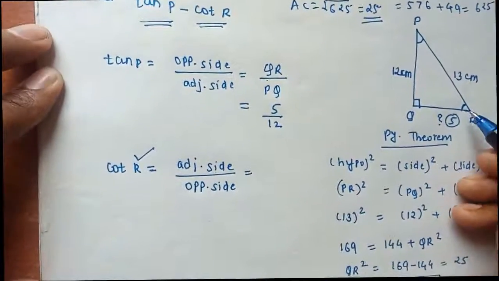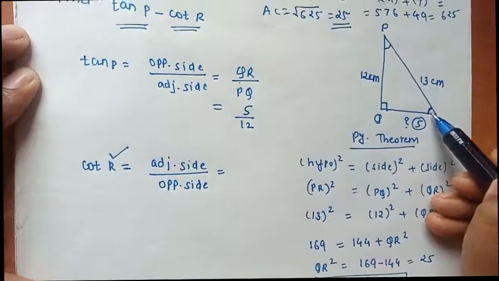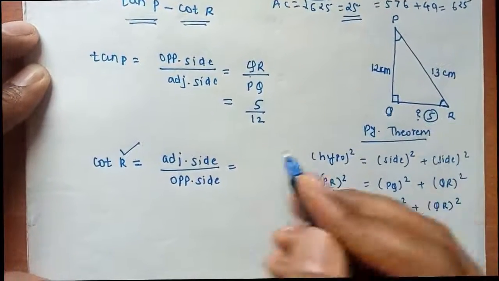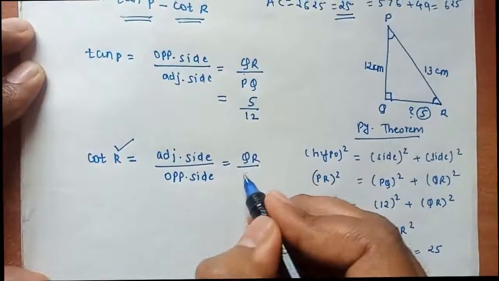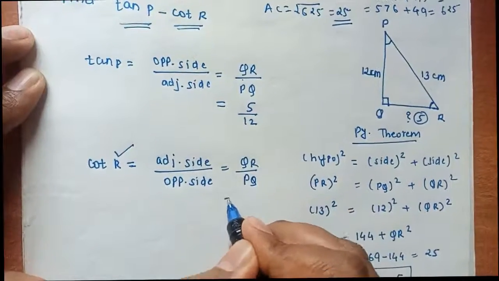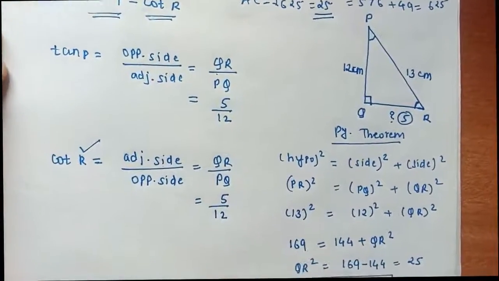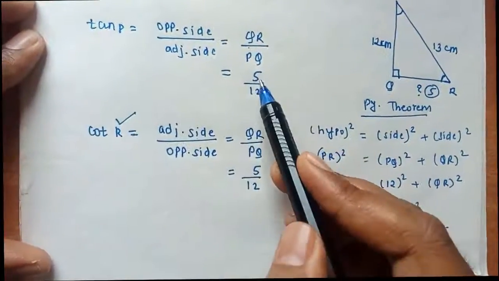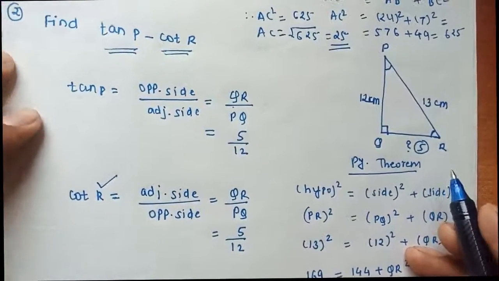So the adjacent side for R, not for P. Again check here, this is for R. So for R the adjacent side is QR and the opposite side is PQ. So the value will become 5 by 12 again. So tan P value is 5 by 12 and cot R value also will be 5 by 12.